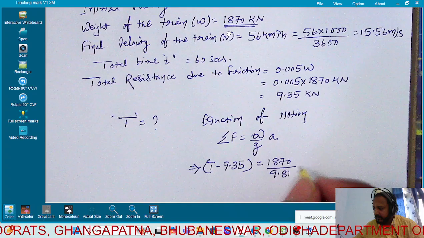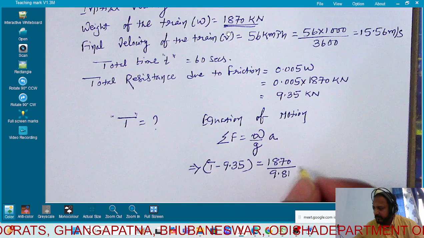To find acceleration, you have certain data which I have already written: initial velocity is equal to 0, final velocity is 15.56 meter per second, and the time is 60 seconds. Which equation are you going to use to find a? V equal to u plus at.